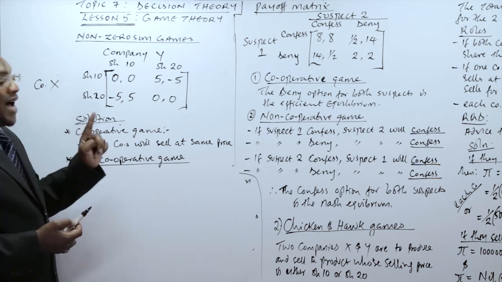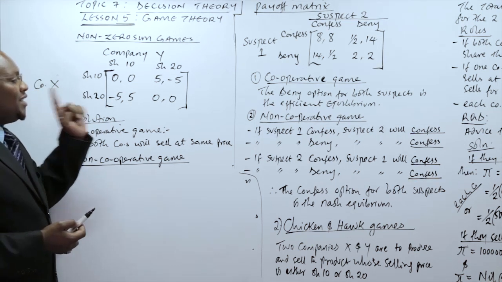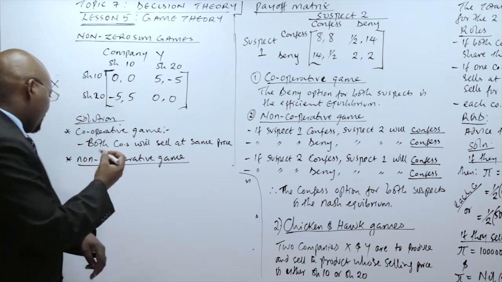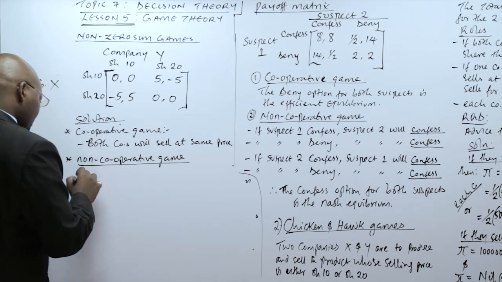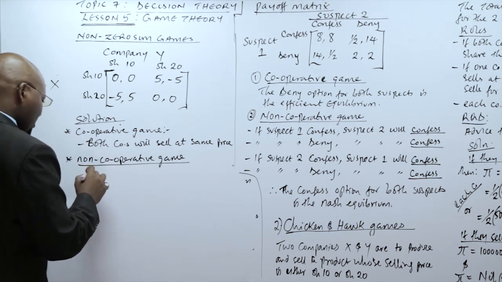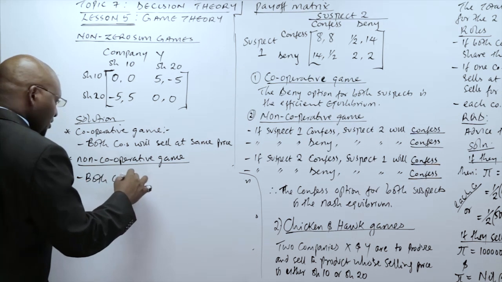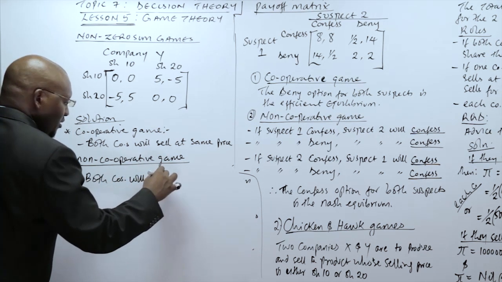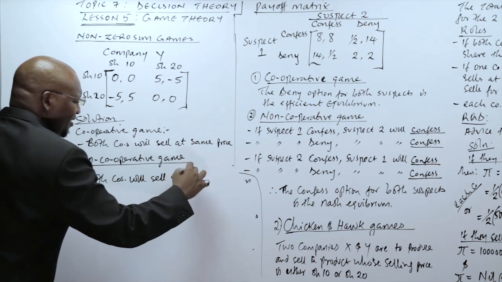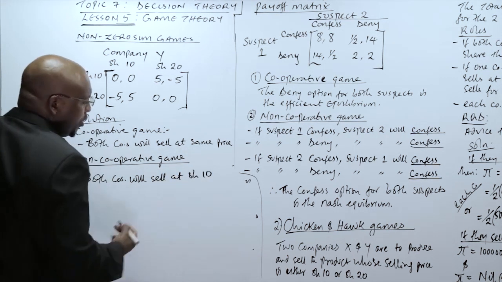So a higher price has a particular risk of minus 5. So therefore, both companies will sell at shillings 10, the lower price.